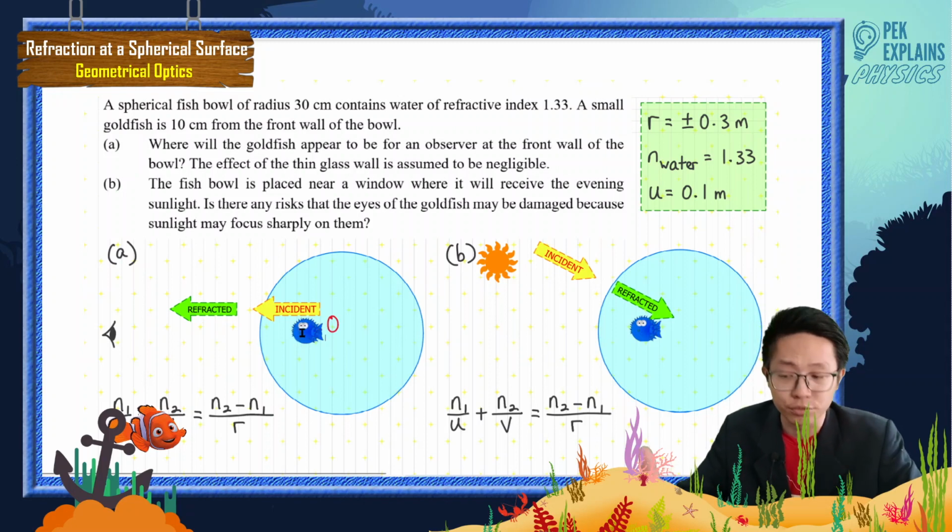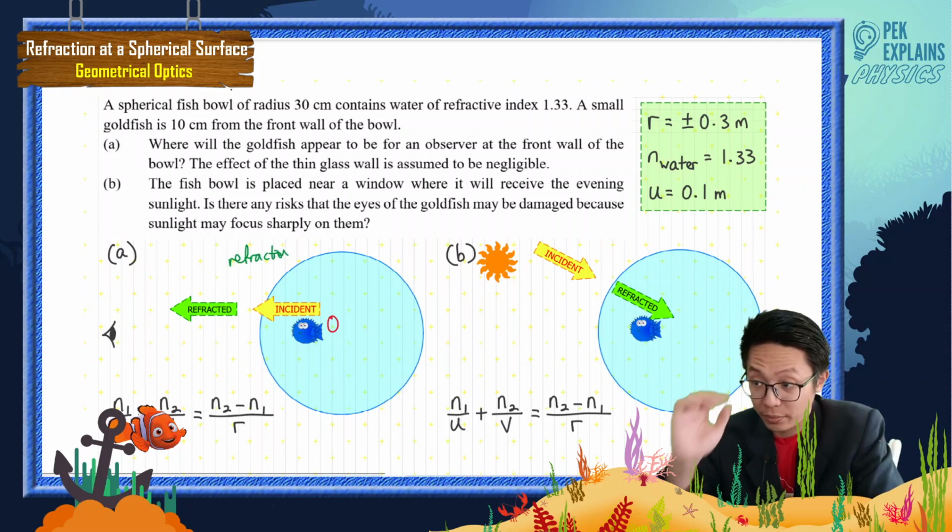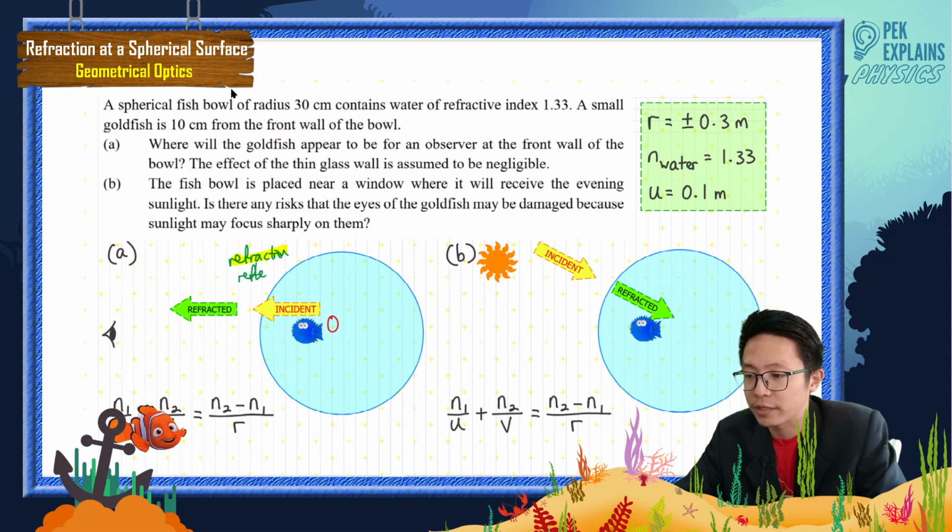This question, the object is inside the water. So the incident ray, of course, comes out from the object, and then the ray goes from water to air. You see or not? Refraction. Again, I want to emphasize that this is about refraction, not reflection.